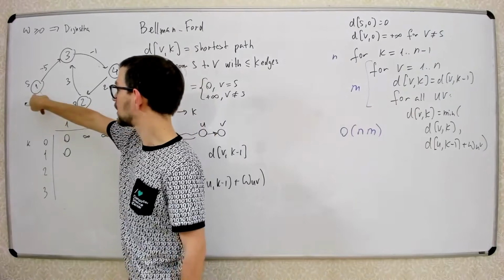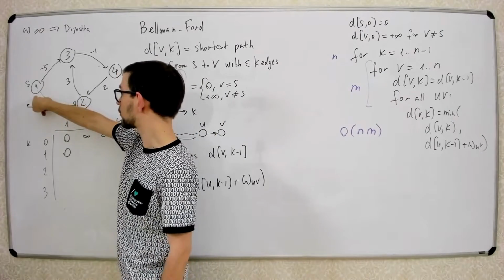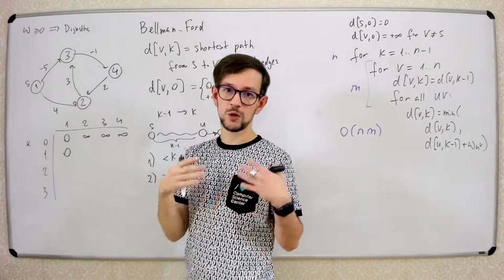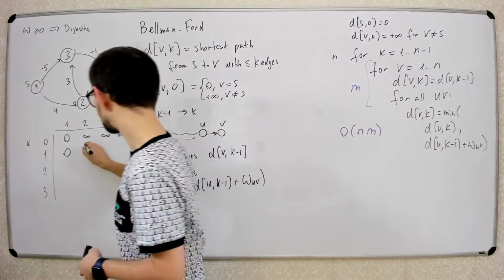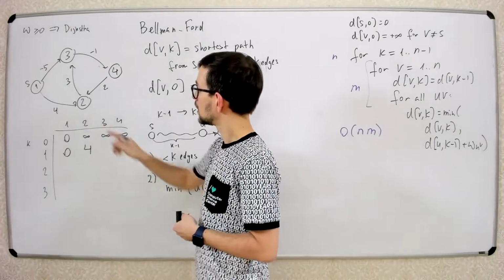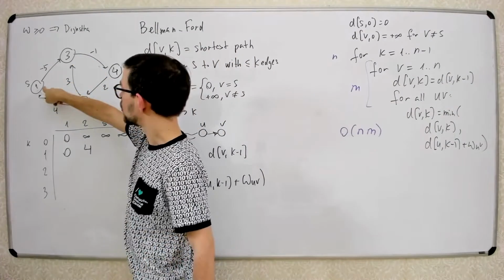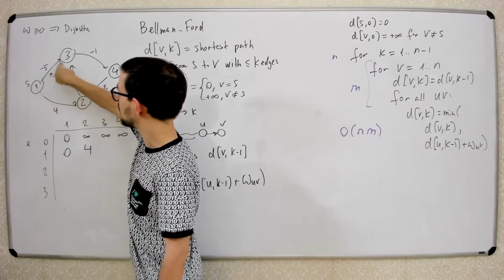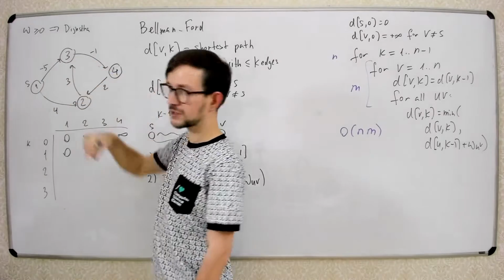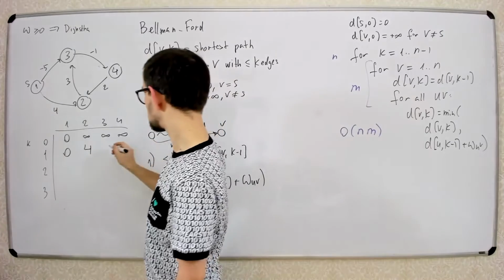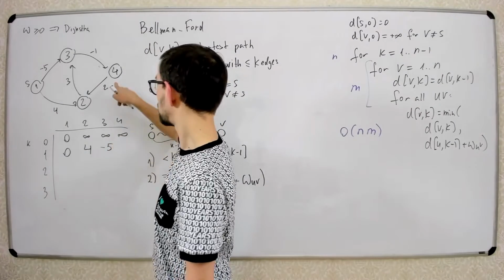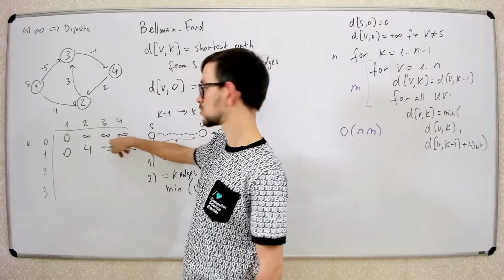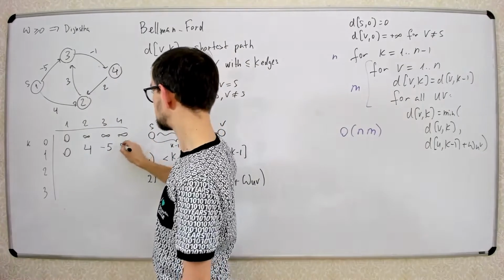And we have ingoing edge from vertex 1. So from vertex 1 to vertex 2, we can use this edge, so the total length will be 0 plus 4, it is 4. For vertex 3, we have two ingoing edges, from here and from here. So from here we will have distance minus 5, from here we have distance infinity. So minimal is minus 5. For vertex 4, we have ingoing edge from 3. Distance to node 3 is infinity, so it will be infinity minus 1 and still infinity.